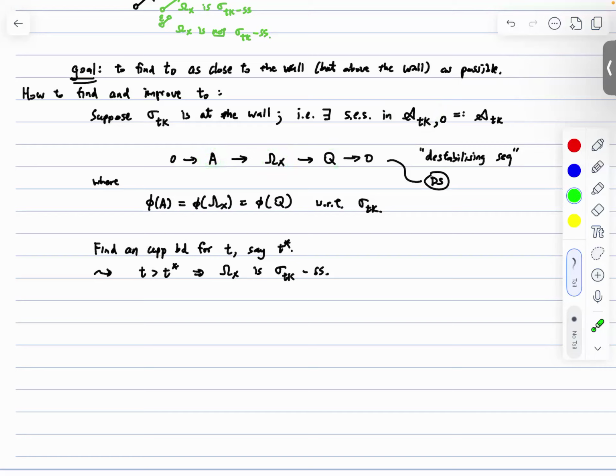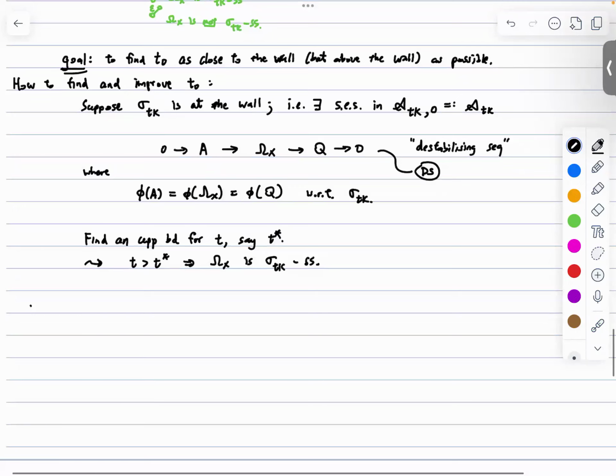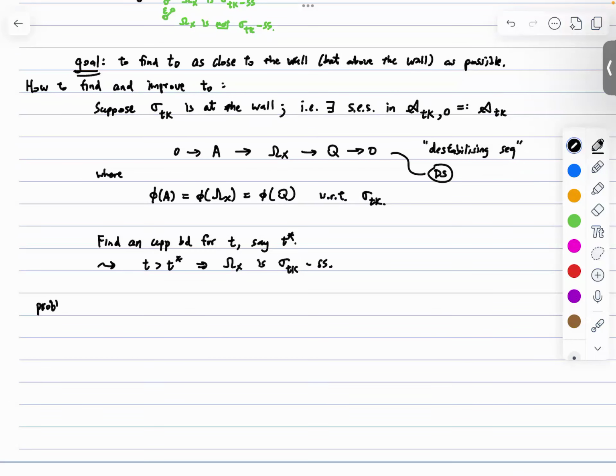So in order to analyze these sequences, one thing we often do is try to find constraints that force the rank of A to be small to begin with, so that these objects A and Q are easier to analyze. So a concrete problem when you try to understand these sequences is, even though the rank of the cotangent bundle is 2, the rank of A may be high.